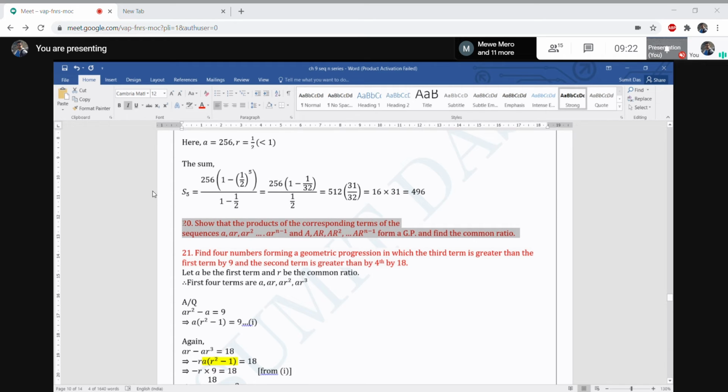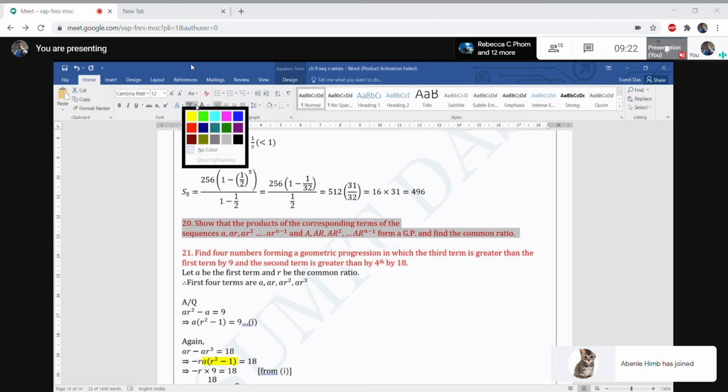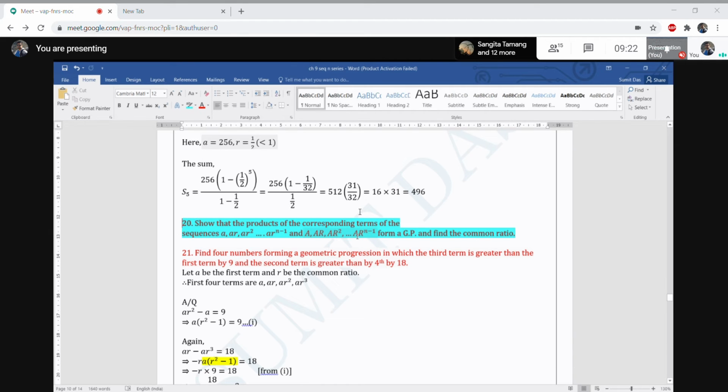After finding the sequence, find the common ratio: second term divided by first term, and third term divided by second term. If you get two common ratios the same, that means this is following a GP. Is it clear? So question number 20 is homework.